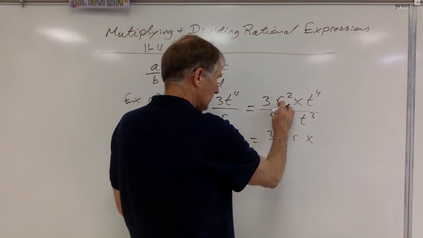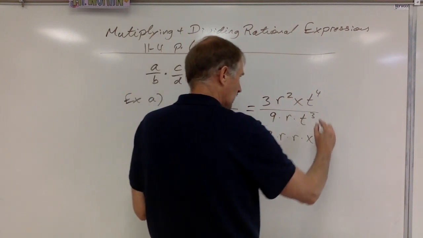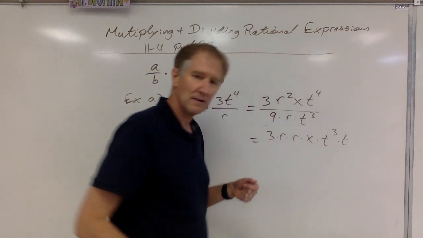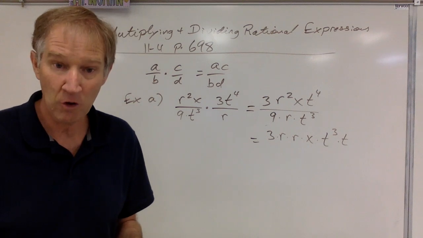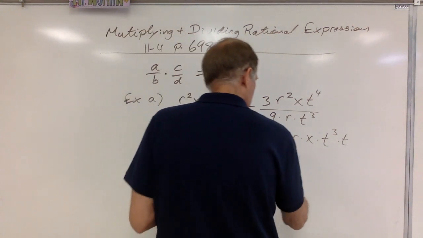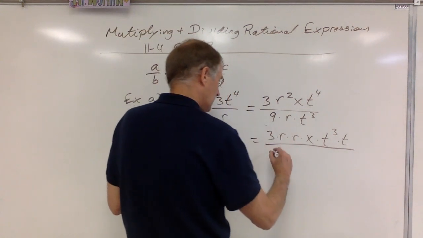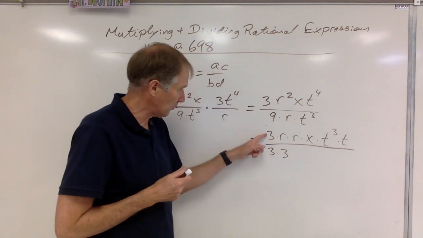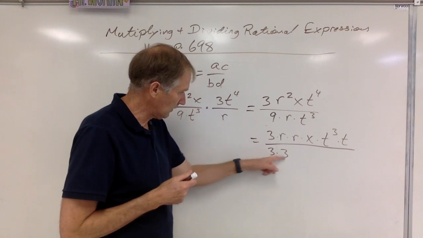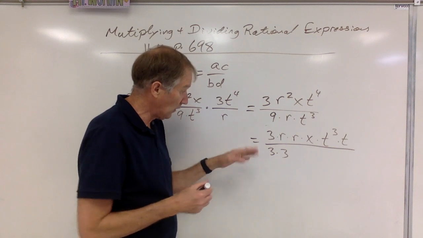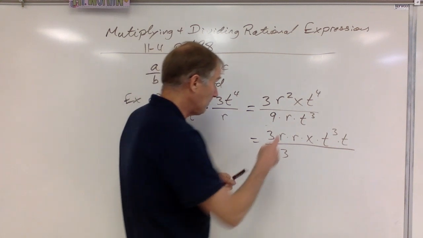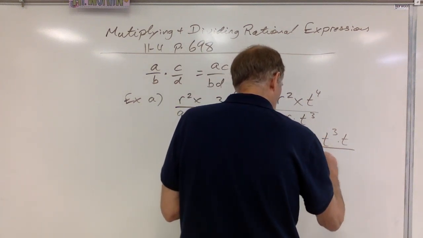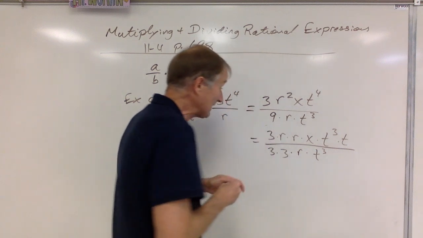And I'm going to write this as t cubed times t. Does that make sense? Also, 9 is 3 times 3. Why am I doing that? Because I got a 3 up here, so I have a 3 down here, and those are going to be able to cancel. I've got my r. I've got my t cubed.